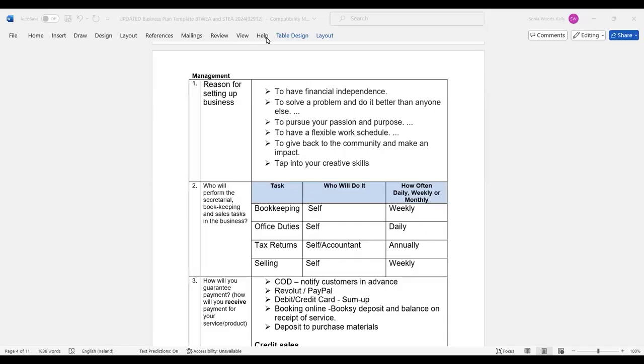The next section of the form is the management section. The first question in this section asks for the reasons for setting up your business. I have just included a couple of pointers here.